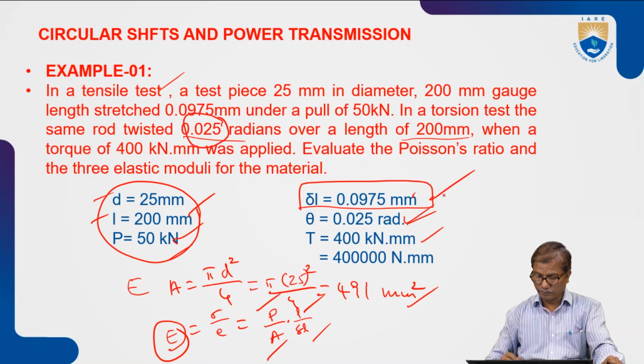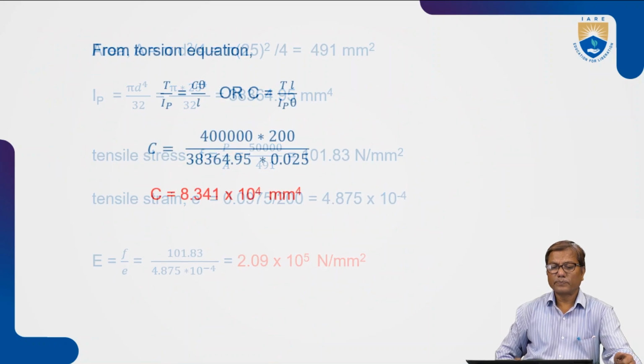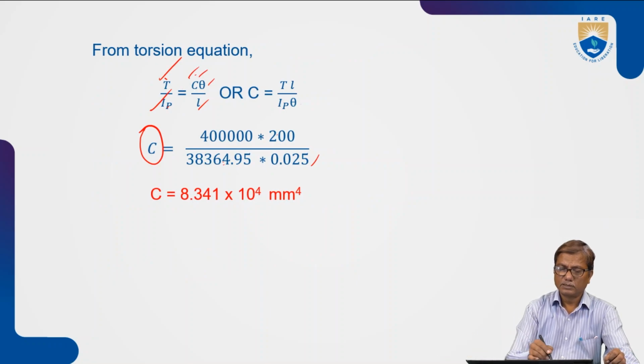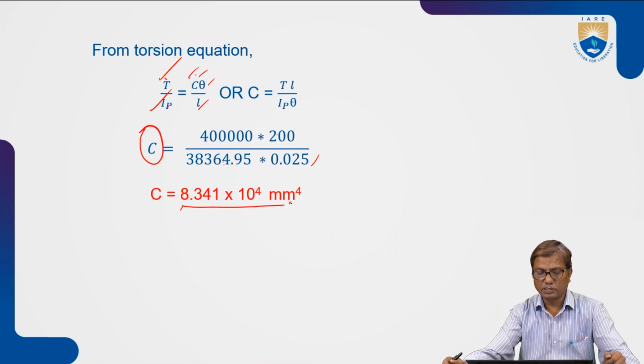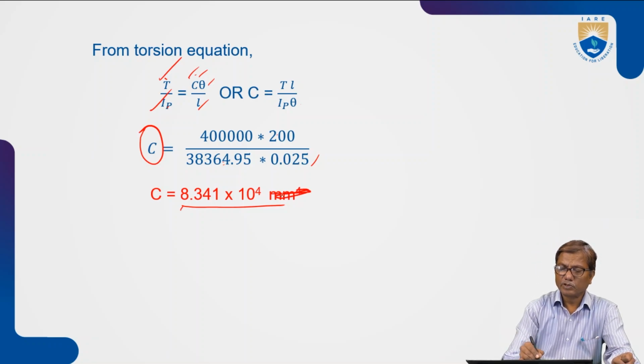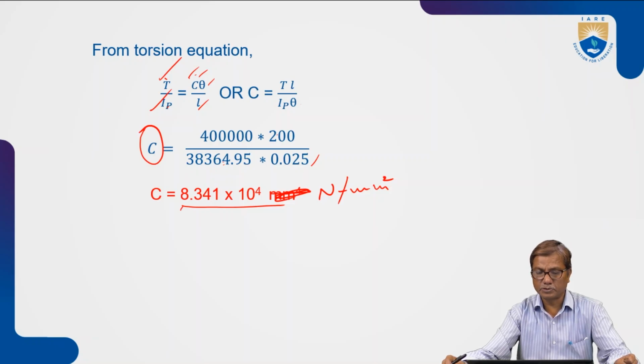From this we calculate the rigidity modulus C, which comes out 8.341 into 10 power 4 Newton per mm square.